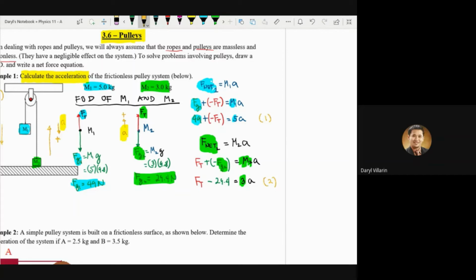So therefore, this is just a system of linear equations. How would you solve systems of linear equations? Can anyone still remember that? Anyone? No idea?